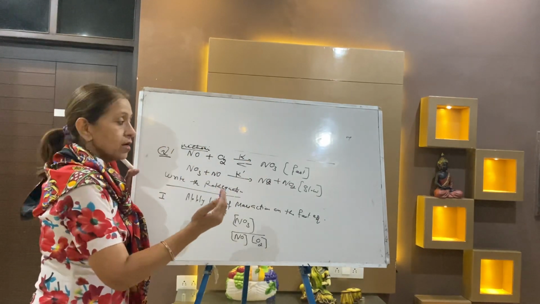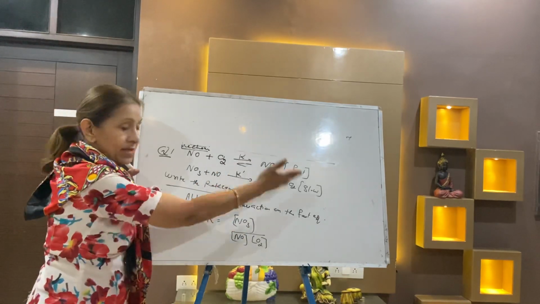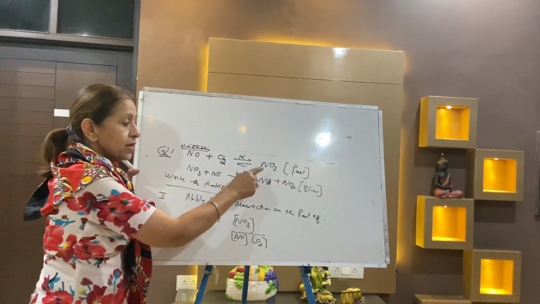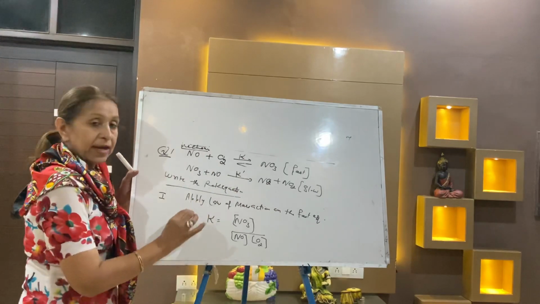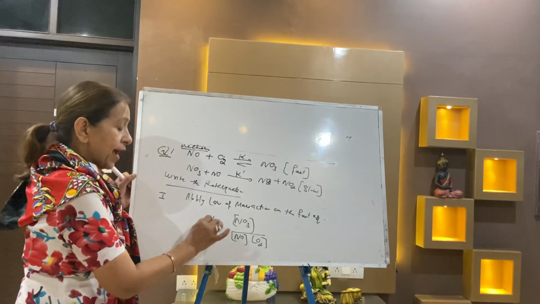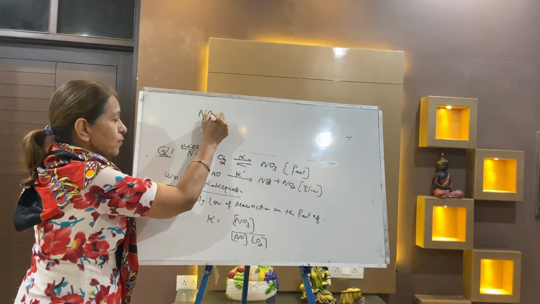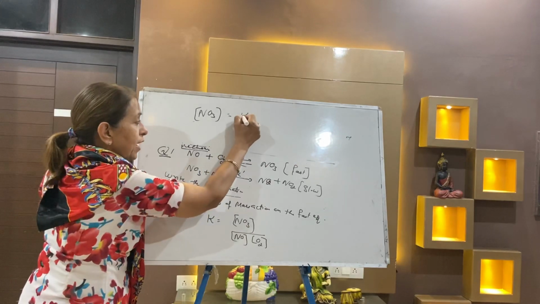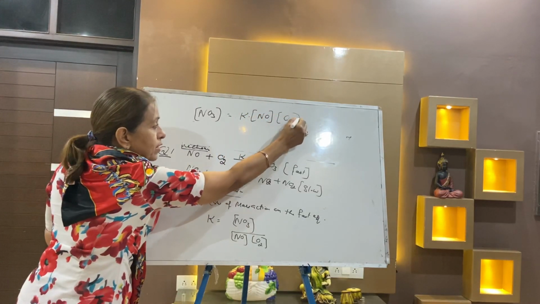Again listen, which product is coming out from the fast step and going to add in the slow step? That is very clear, NO3. That means we will calculate the value of [NO3] from this. [NO3] is equal to K into [NO][O2].